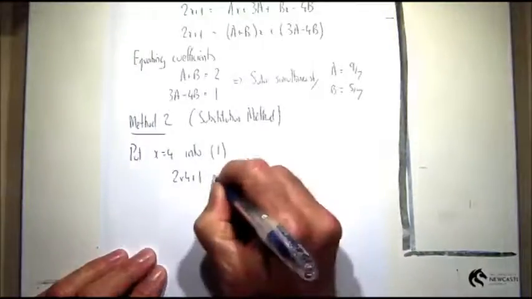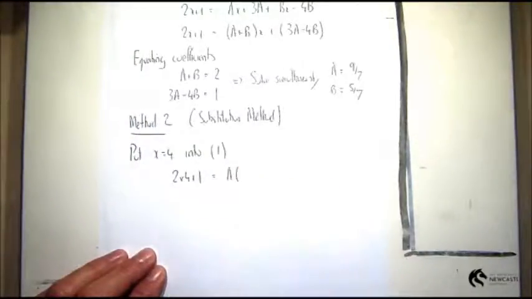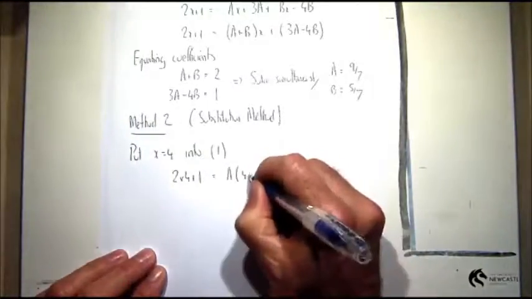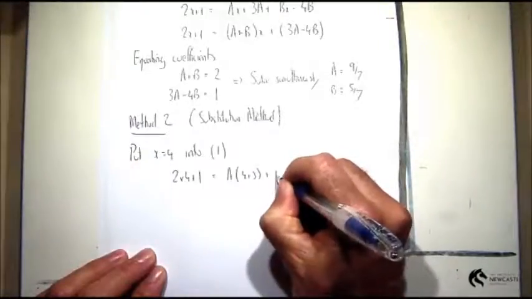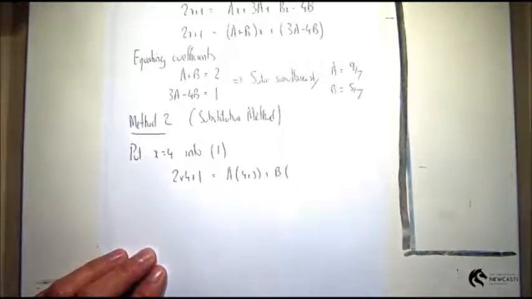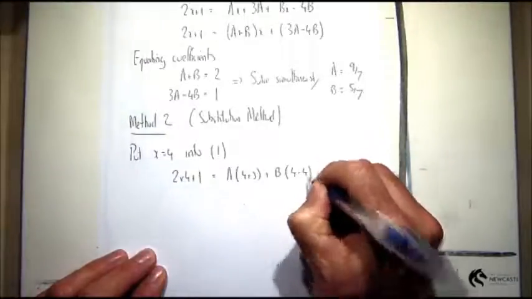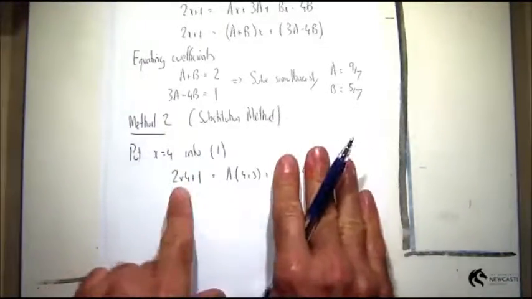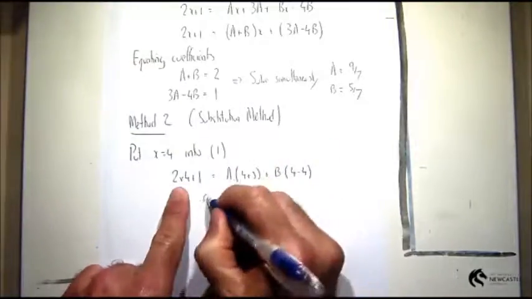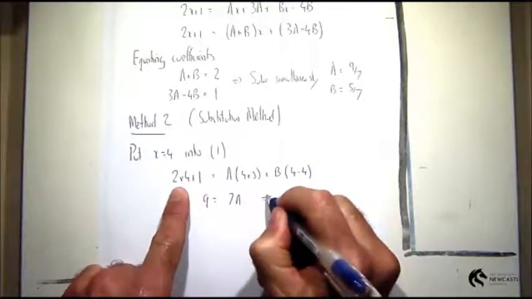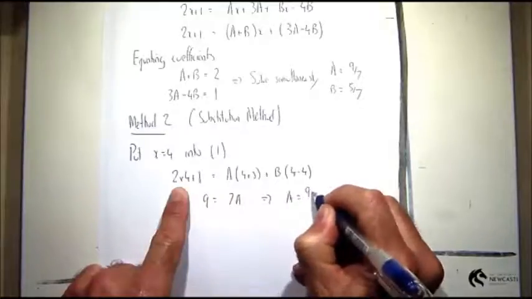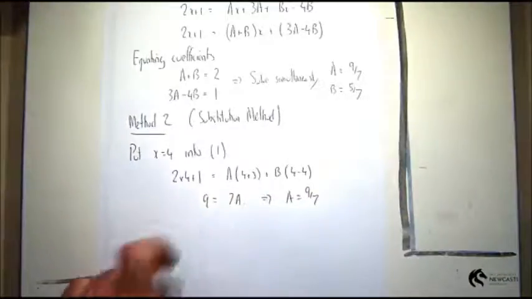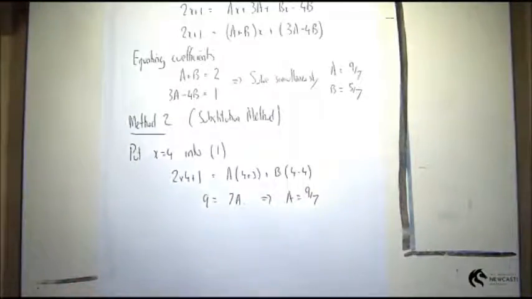On the right-hand side I have A, and now that's 4 plus 3, plus B, and now I have 4 minus 4. And the beauty of that is 4 minus 4 is 0, that term disappears. So I have here 9 is equal to 7A, so A is equal to 9 on 7, which is neat and quick.